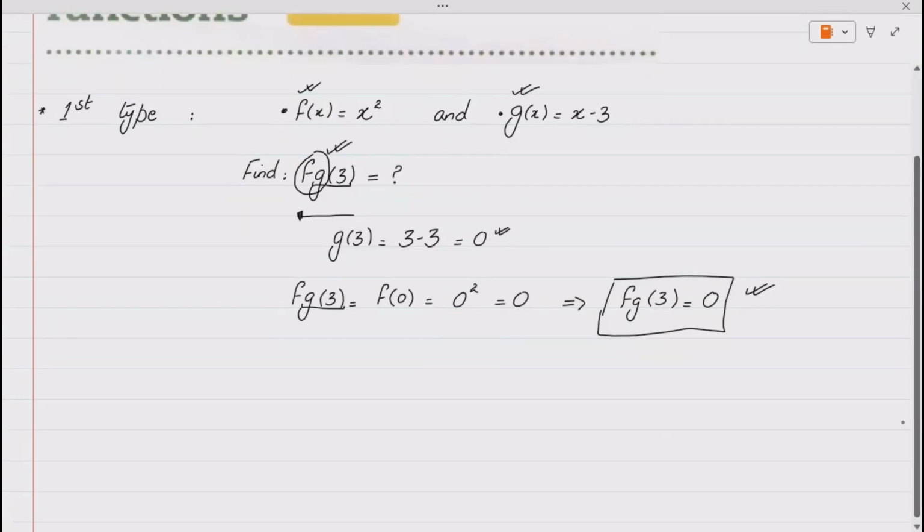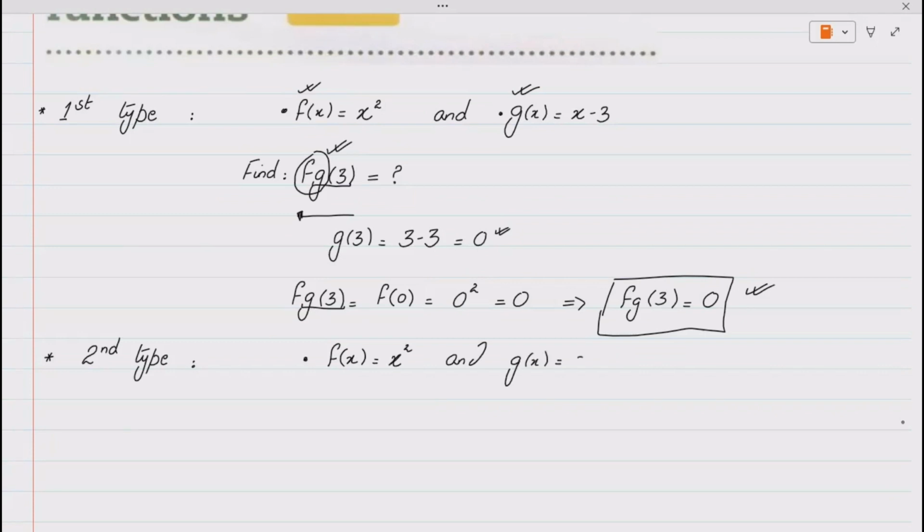Another type of question is something more general, which is the second type of question that can occur in the exam. Again, let's take the same example, f of x is x square and g of x is x minus 3. Now instead of finding any particular value, they ask to find f of g of x, right?